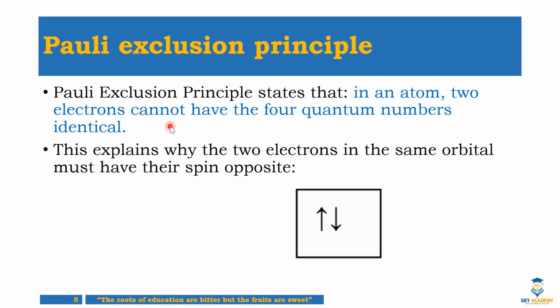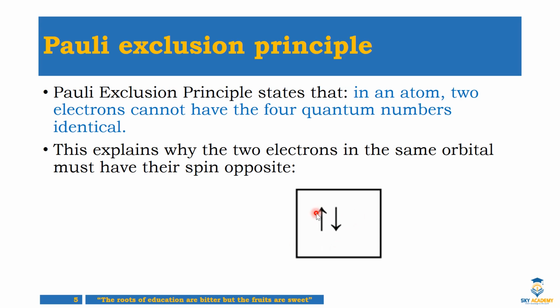This Pauli exclusion principle explains why two electrons in the same orbital must have opposite spins. If you have two electrons in the same orbital, they have to spin in different directions, in opposite directions, like this one up and another one down, as you see here.